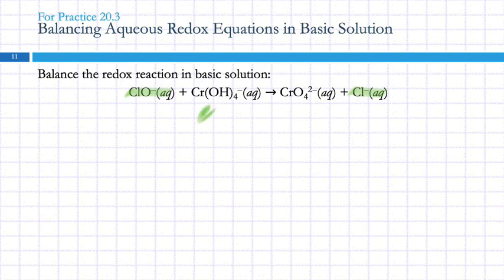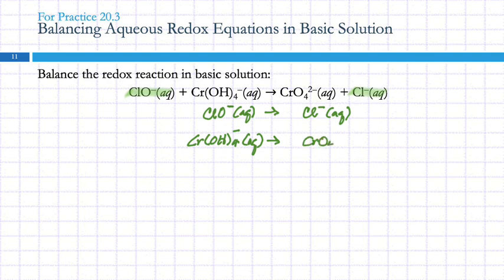So I've got my hypochlorite ion, and I have chloride ion, and then I have CrOH4 minus, and that's going to make chromate ion. 2 half reactions.